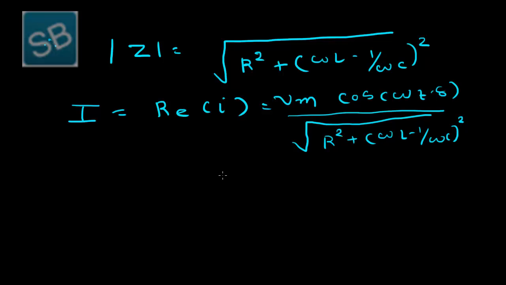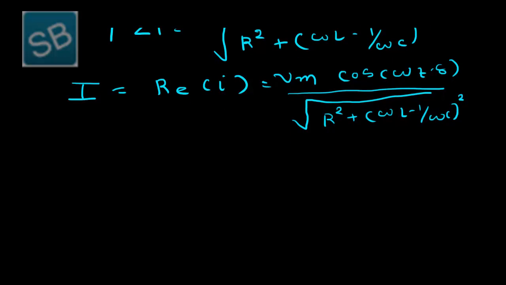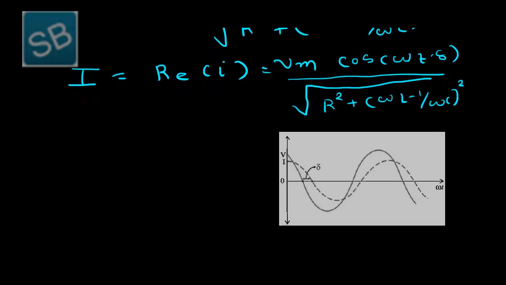Now if you see, the current and voltage change with time. Such a graph is given by this figure. So here voltage and current are shown, and the lag between their phases, voltage and current, is delta.